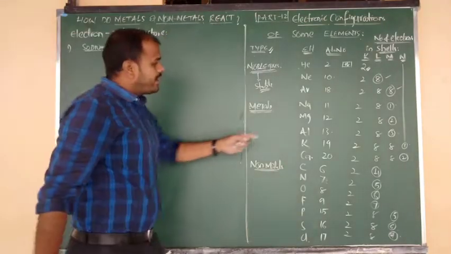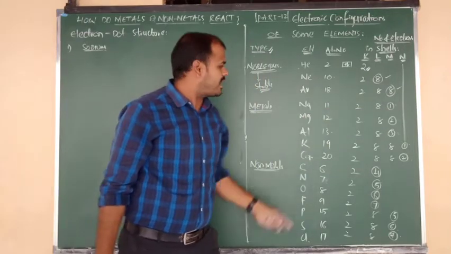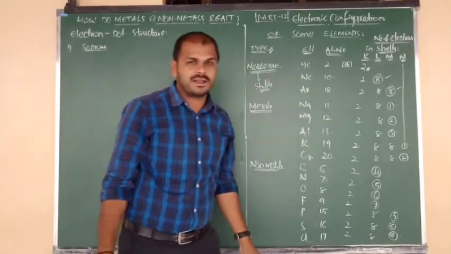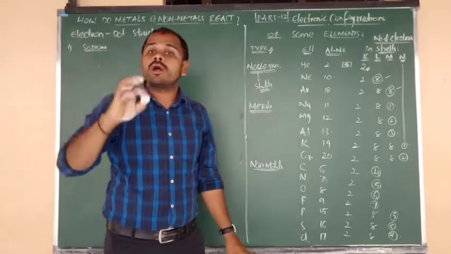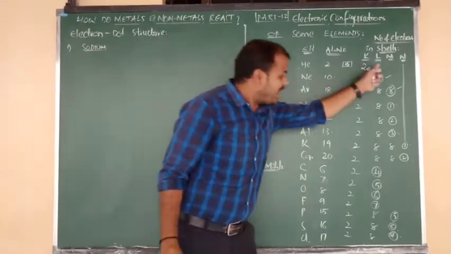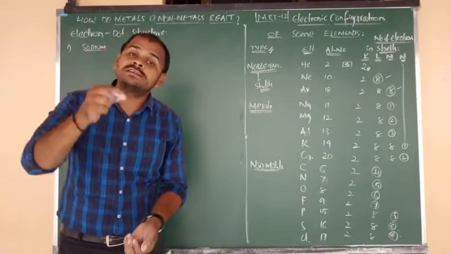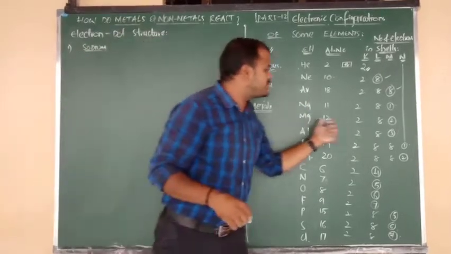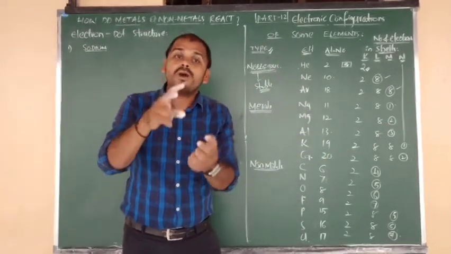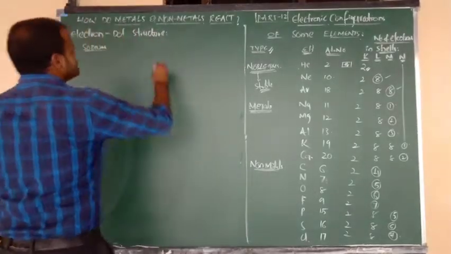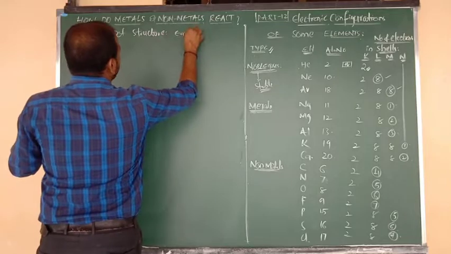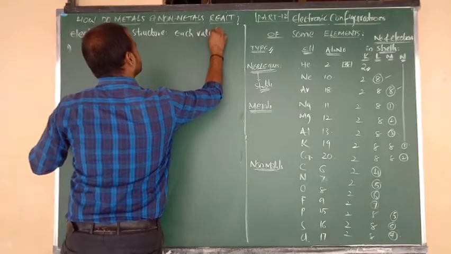So listen carefully. Sodium contains 1 valence electron, magnesium contains 2 valence electrons. As per the electron dot structure concept, valence electrons are represented by a dot. Magnesium contains 2 valence electrons, so upon Mg we denote 2 dots.